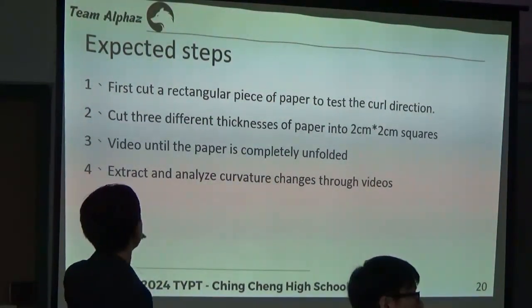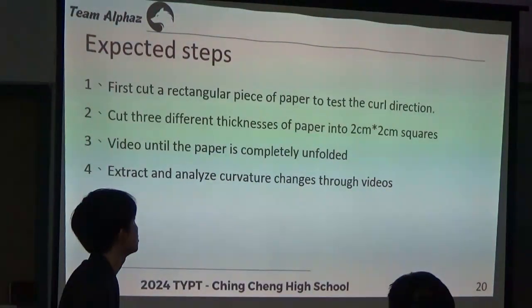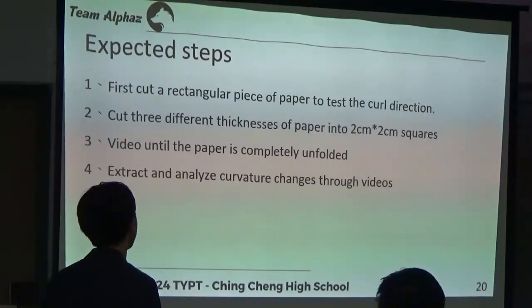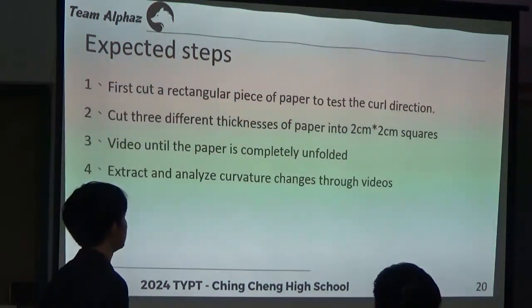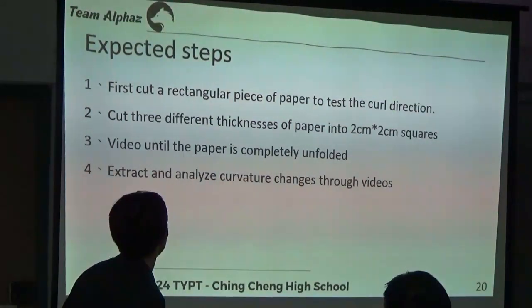And here is our experiment step. First we will cut a rectangular piece of paper to test the curl direction, and then we'll cut 3 different sections of paper into 2x2 squares.